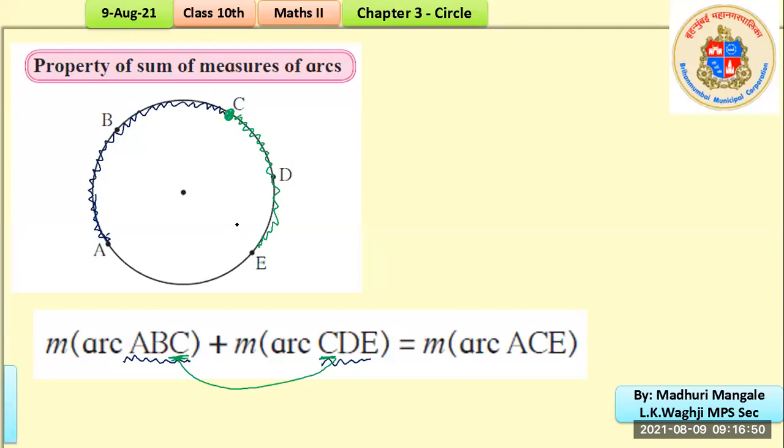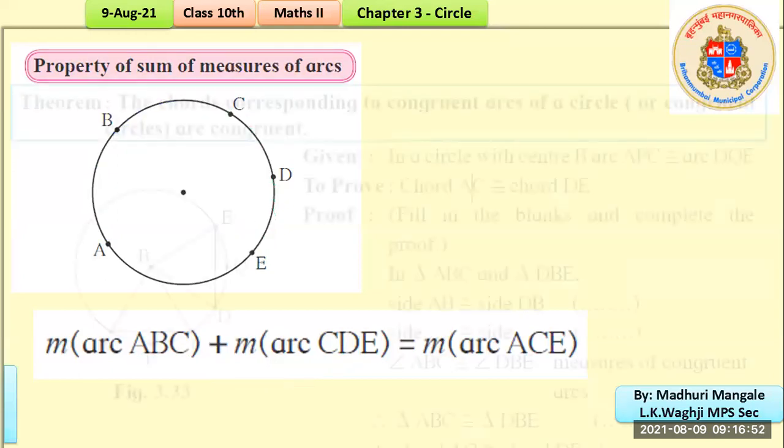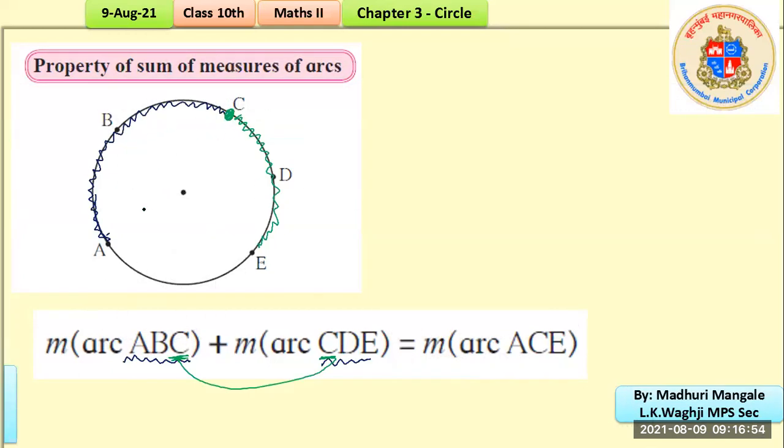So the property is that if one end point is the same in both arcs, then we can add the arcs, and simply add the measures to get the measure of the complete arc. We will get the measure of arc ACE, or ABE, or you can name it ADE, using three letters.